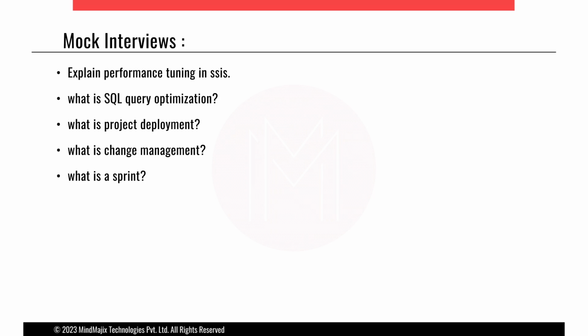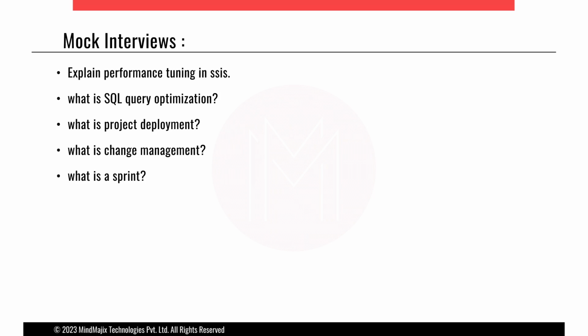What is project deployment? There were two types of deployment: project deployment and package deployment. It was package deployment in the older versions. Now it's project deployment, so you can go to the project you have created and deploy it in the various environments such as dev, pre-prod or prod or any live servers. What is change management?